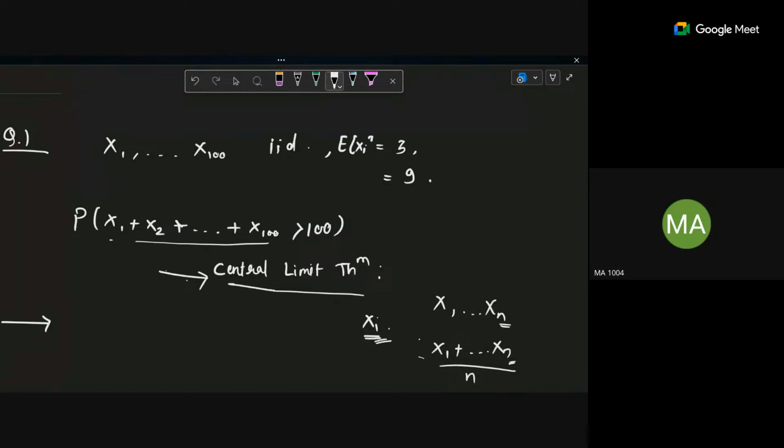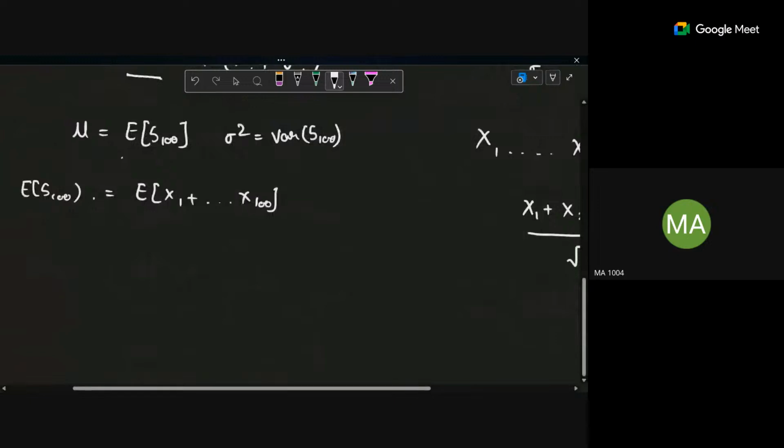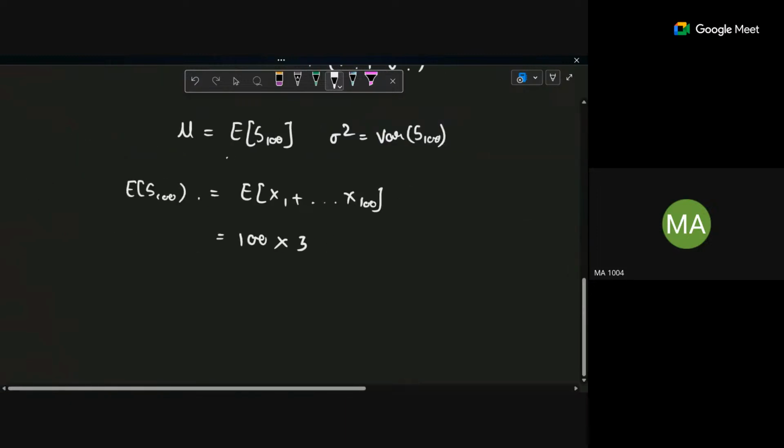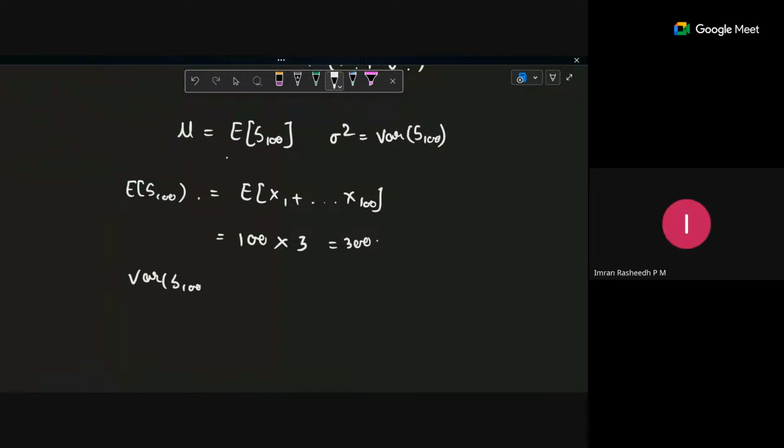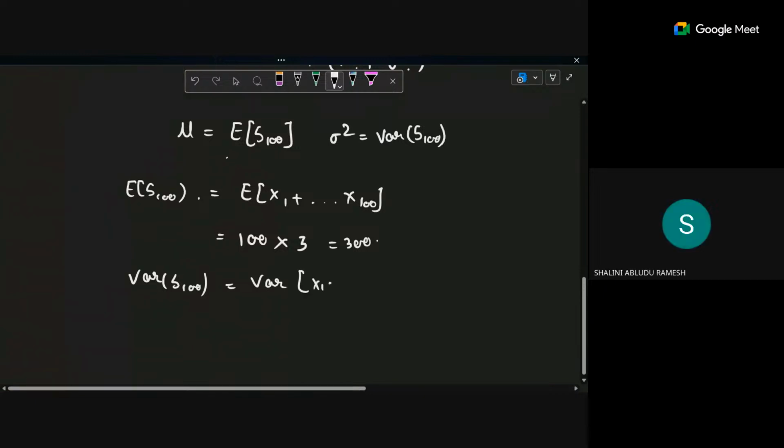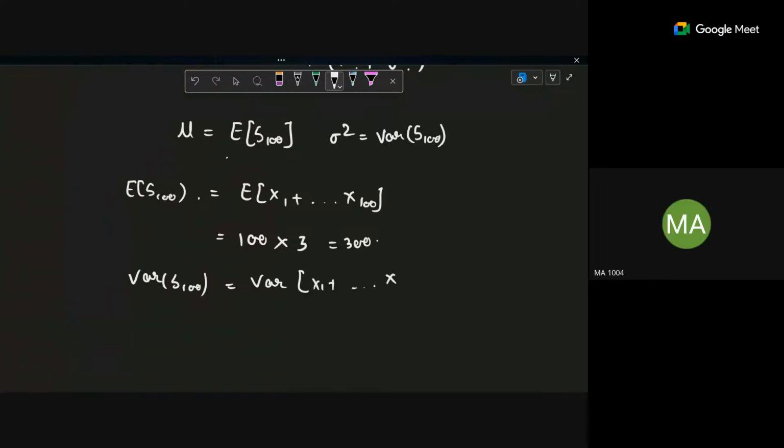I should write expectation of xi and variance of xi. So this will be 100 times the expectation of xi, that is 3. So 300. And what about the variance? Variance 3. Root of n into sigma. What?